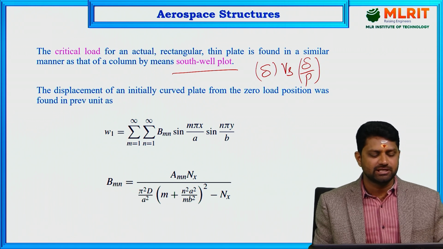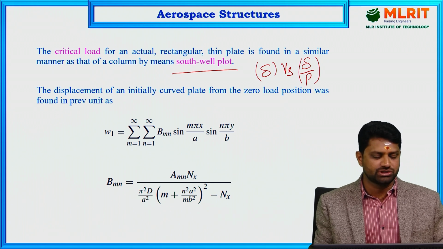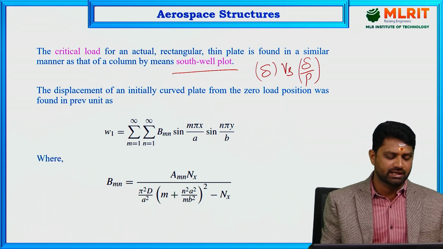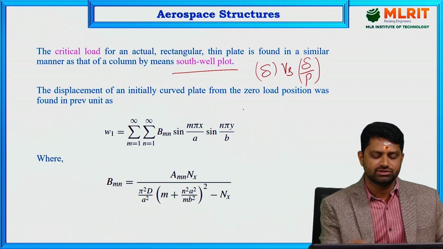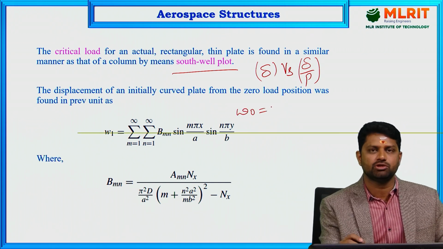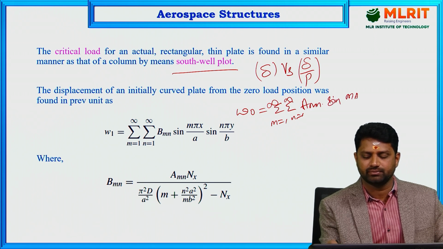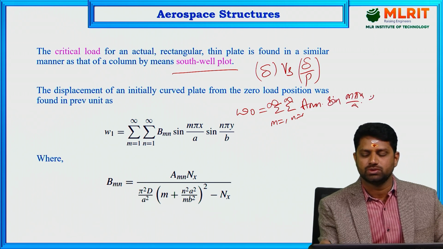The displacement of an initially curved plate from the zero load position, which was found in the previous unit, we can assume as W0, the initial deflection: summation m equals 1 to infinity, summation n equals 1 to infinity, Amn into sine m pi x by a into sine n pi y by b. This is the initial deflection you can assume.